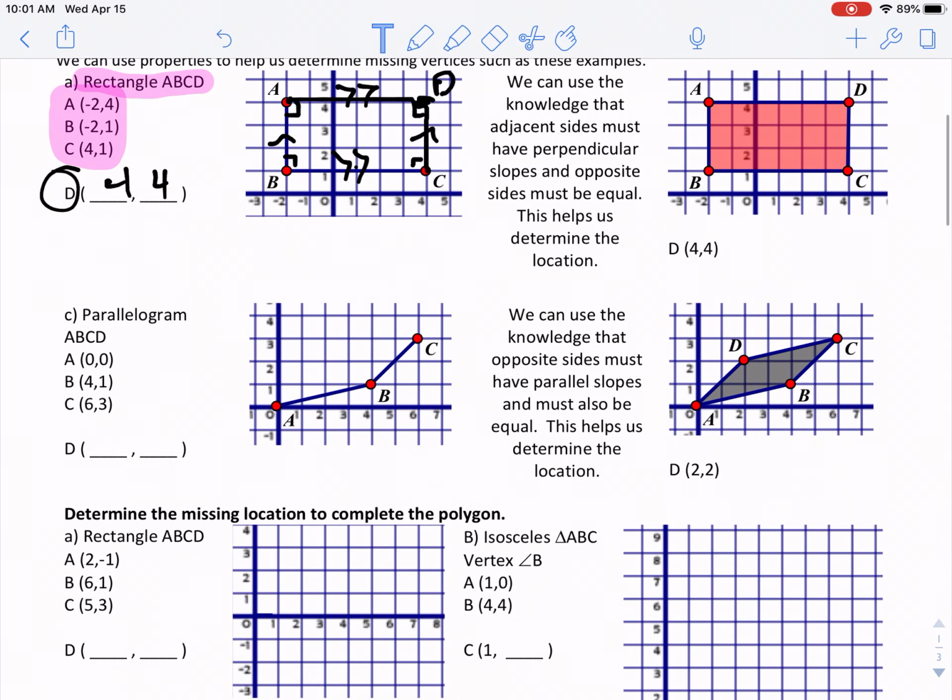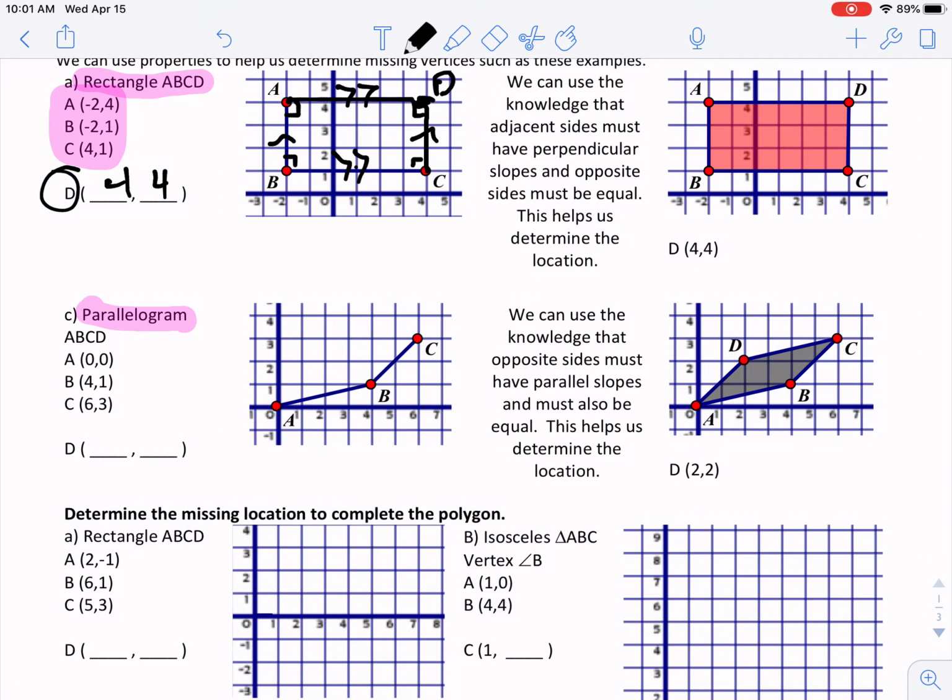Next one. Don't know why it says letter C, but it does. So letter C. This one's just a parallelogram is what we're looking for. The big thing you have to make sure is that when we plot D, both pairs of sides are parallel.